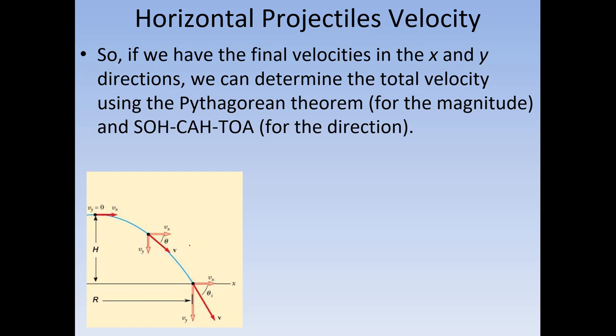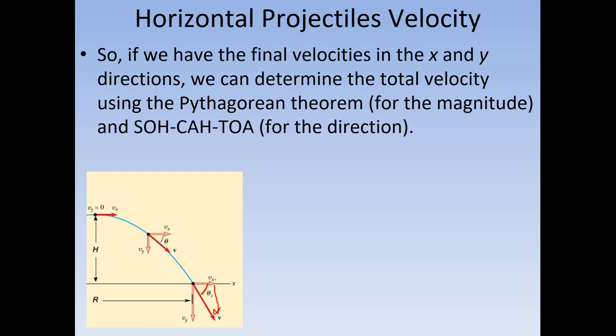Now note, this only gets used if and only if they ask for the total velocity, the resultant velocity. If they mention that, like total or resultant or some sort of thing hinting at that, and they don't explicitly mention a component of the velocity, then that's what you're going to end up doing. Pythagorean theorem, and then they might ask you to do SOHCAHTOA for direction. Typically, the angle will be taken from the horizontal. So, you make your little right triangle diagram.